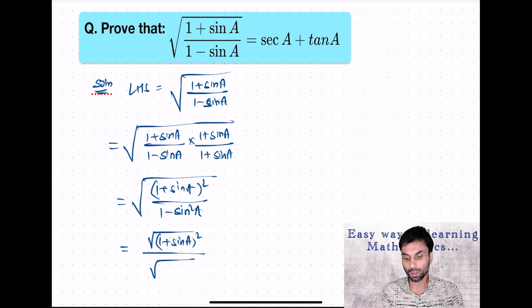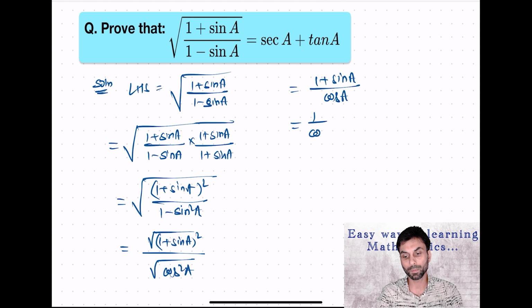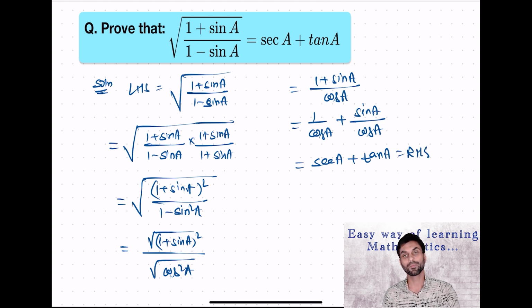So this will be the square root of cos square A, which is 1 plus sin A upon cos A. Now you can write it as 1 upon cos A plus sin A upon cos A, and that can be written as cosec A plus tan A, which is our RHS.